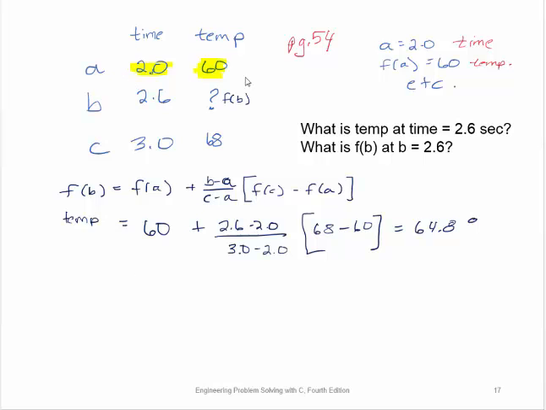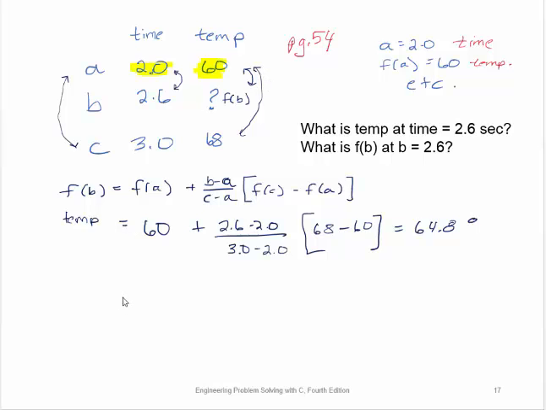So what I do is I say I have a difference of 2.6 between these two numbers, and I want to know a difference between these two numbers. So I just do it by ratios, but I also know the difference between these two numbers and the difference between these two numbers.